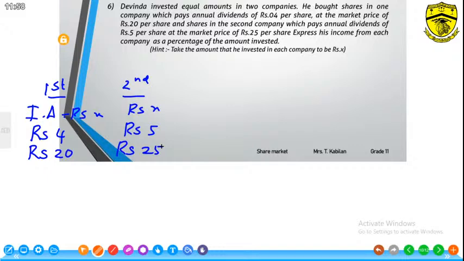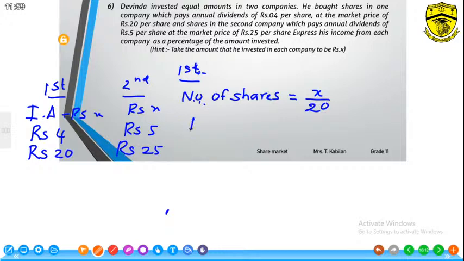Here the invested amount is given, that is X. So in the first company, the number of shares can be calculated by dividing the invested amount X by the market price of a share, rupees 20.